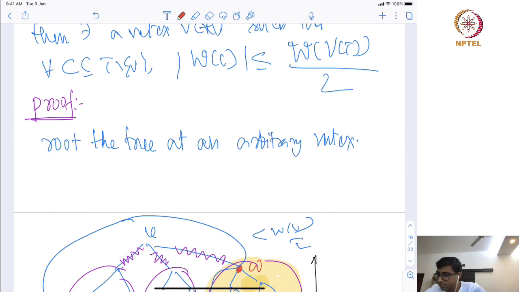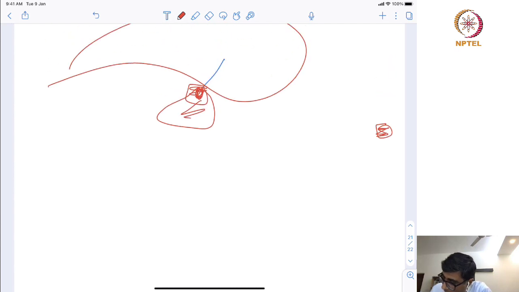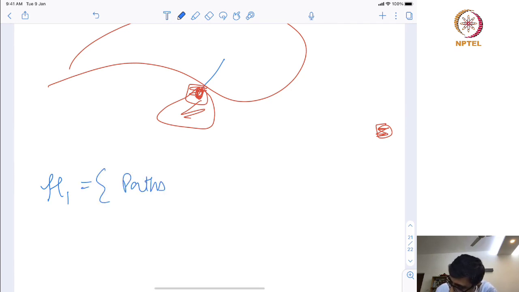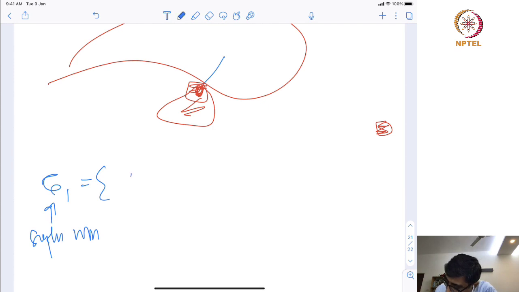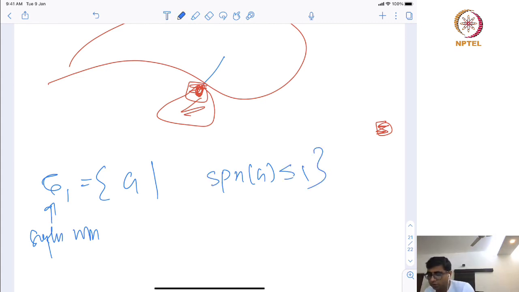Which implies that up until now, notice, H1 was basically containing paths and more, or sorry, let us call it Z1, graphs G whose separation number is at most 1.